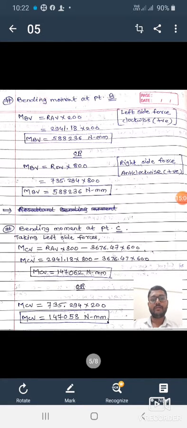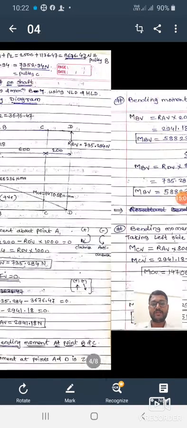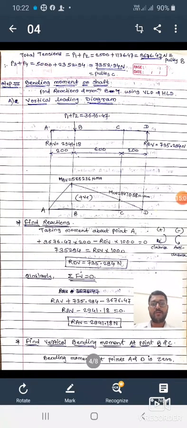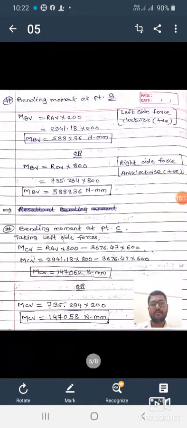And for the bending moment at point C, again we take left side forces at point C. The left forces are RAV and the total force P1 plus P2.